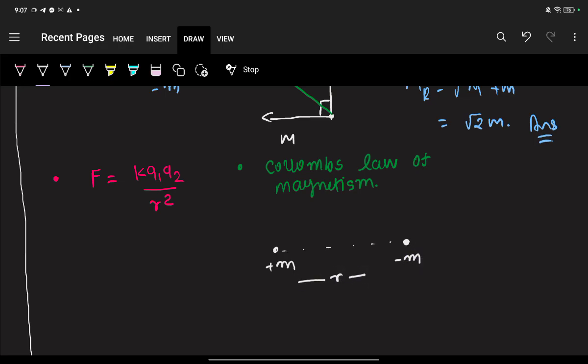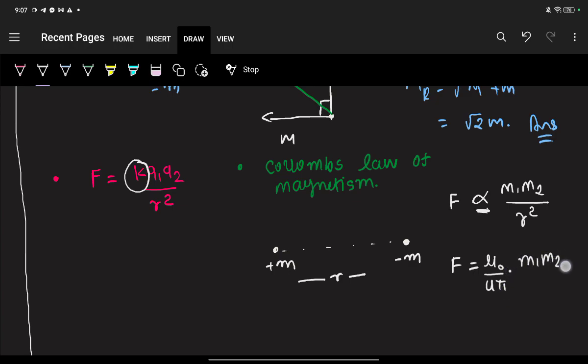So the force will be directly proportional to the product of these magnetic charges and inversely proportional to the square of the distance between them. If you remove this proportionality, we end up with a proportionality constant. In electrostatics it was k, here in this case it will be mu naught upon 4 pi. This is the Coulomb's law of magnetism, very similar to the electrostatic one.